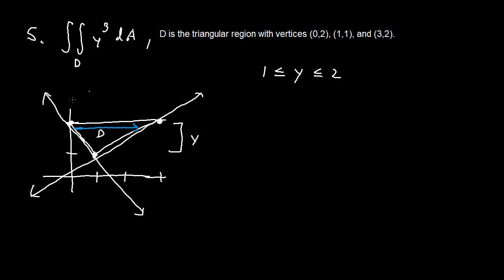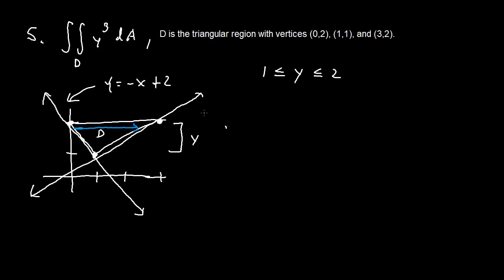Now the equation of this left line, well, it goes up 1 over 1 to the left, so we can say y equals negative x, and the y-intercept's at 2, so we can say y equals negative x plus 2.